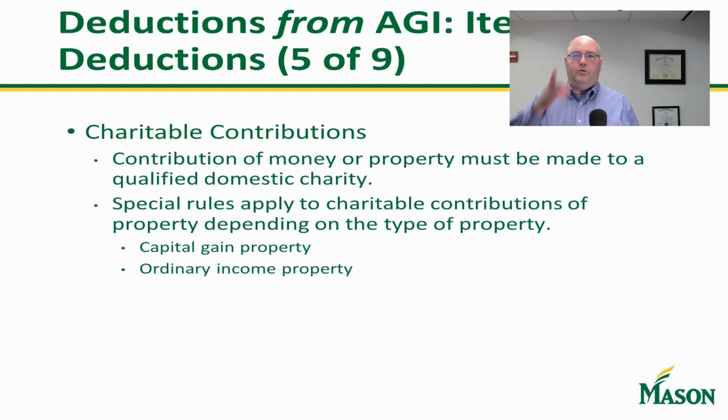Now they do say special rules apply to charitable contributions of certain types of property. Capital gain property. The most common you're going to see in the industry is stocks. Now, stocks are actually the best thing to do for donations. Because here's the thing. I want you to imagine, we'll say your grandfather or mother had the foresight to go buy Apple back in the early 80s.